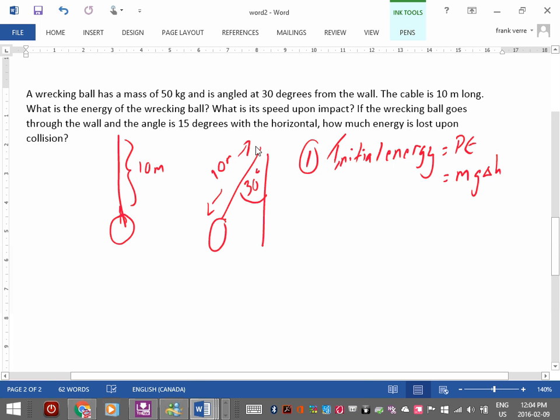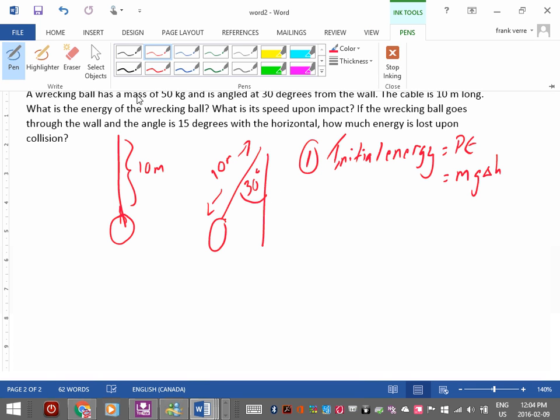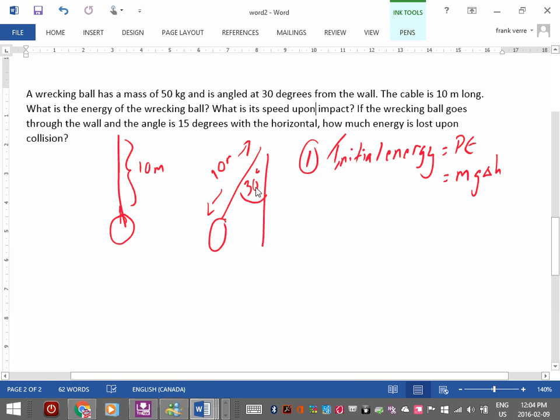What we can do is something really simple. If the cable was just straight, this length over here would be 10, right? But it's pulled back, which means its height has changed.